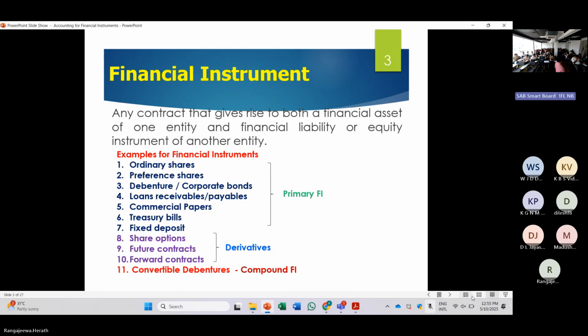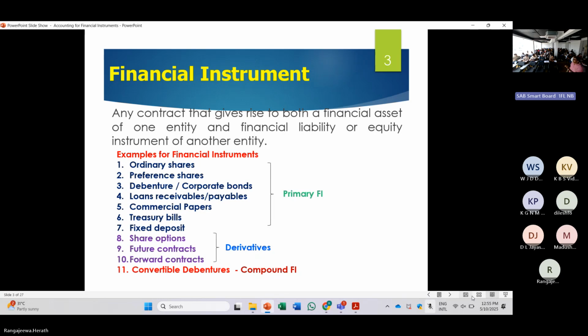So these two are covered by SLFRS 9. LKAS 32 and SLFRS 7 provide the disclosures related to this, but we are not going to discuss that, right? That is just the disclosure. So in this topic, we are covering the two types of financial assets coming from investment in ordinary shares.